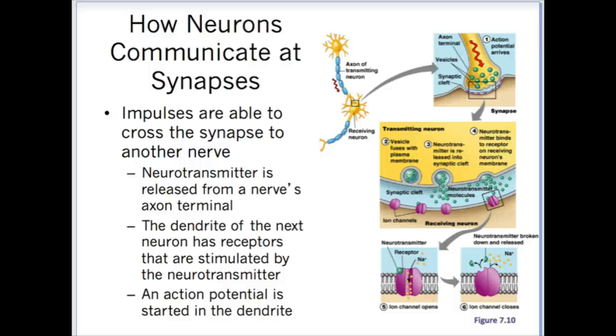So this is, in essence, very similar to the neuromuscular junction, except we just have different parts. We have the axonal knob, we have the dendrite of the adjacent neuron, and we see everything firing around. Neurotransmitters play an important role. We'll talk about specific neurotransmitters when we deal with the brain and the different nervous systems.